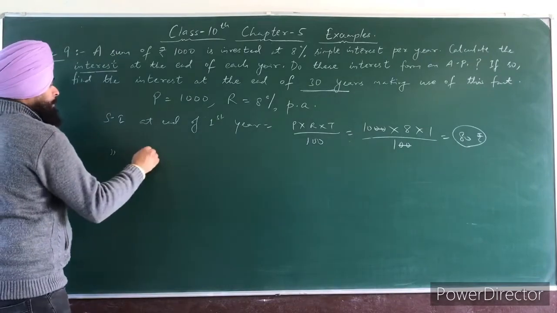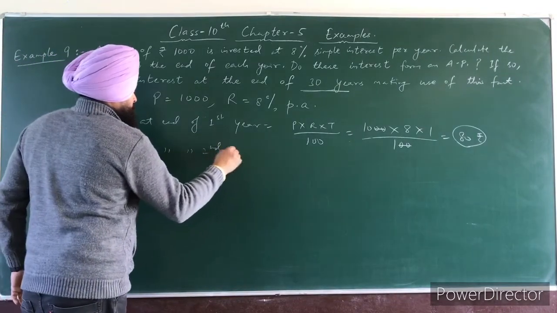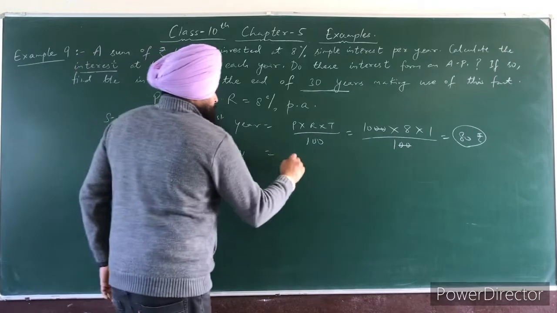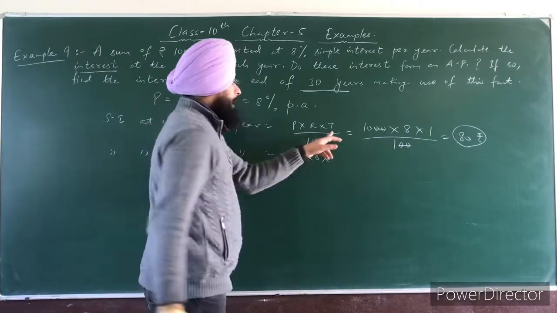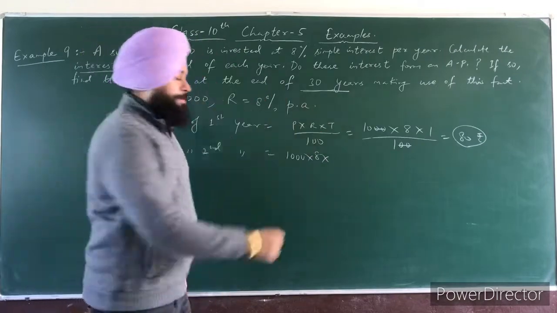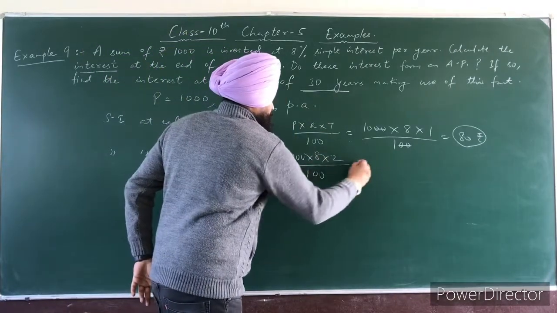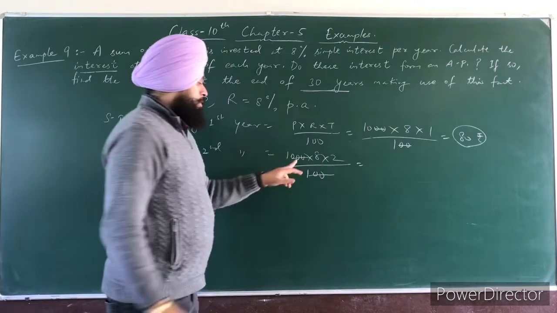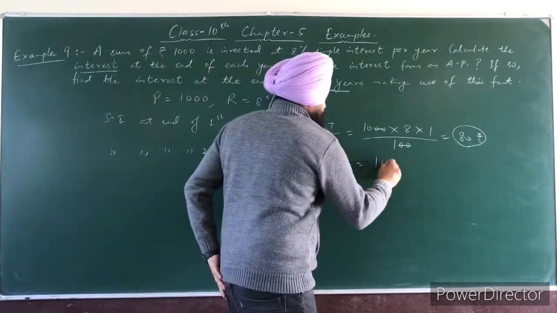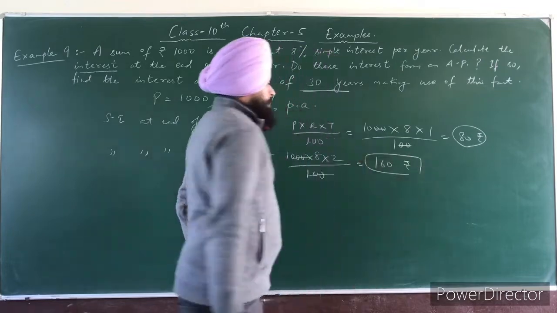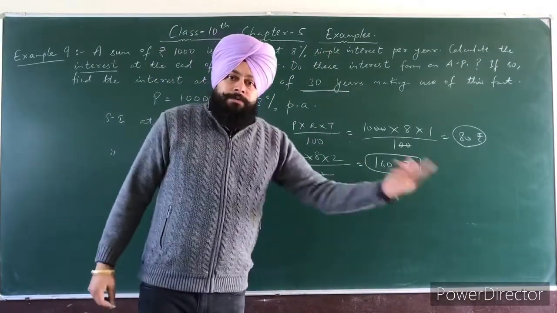Now find the simple interest at the end of second year. So again write this 1000 into 8 into T. So now T is 2. So again 2 zeros cancel here. 8 2s are 16 and 16 tens are 160. So the interest is ₹160 at the end of second year.